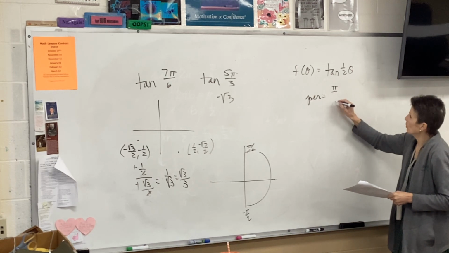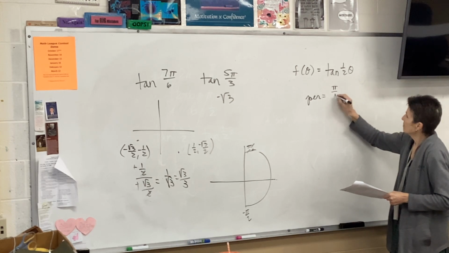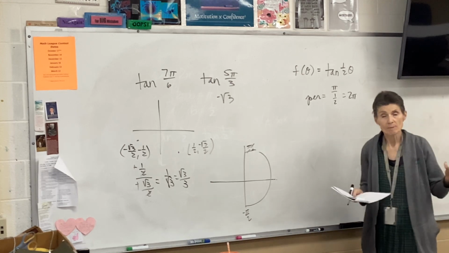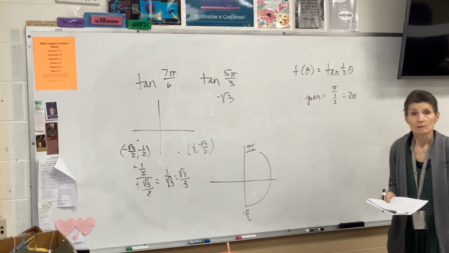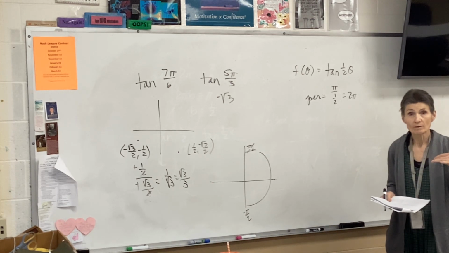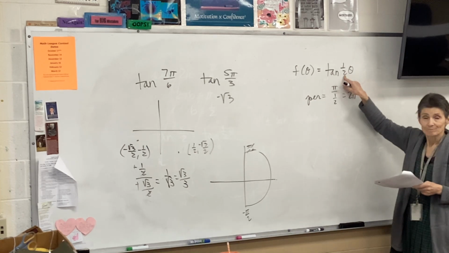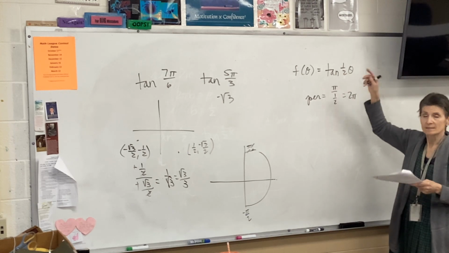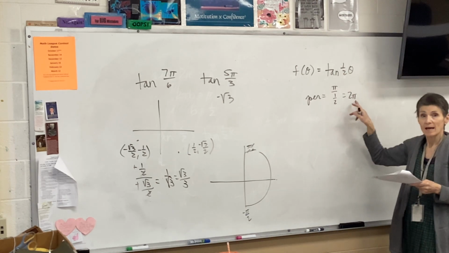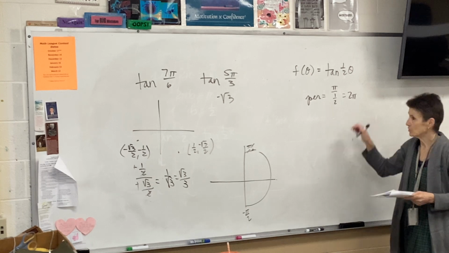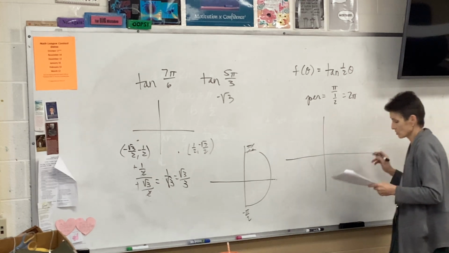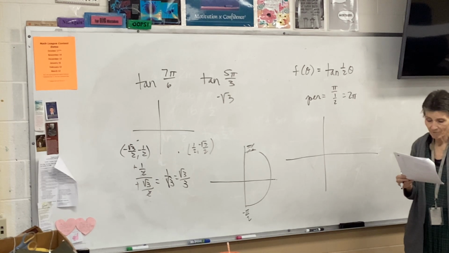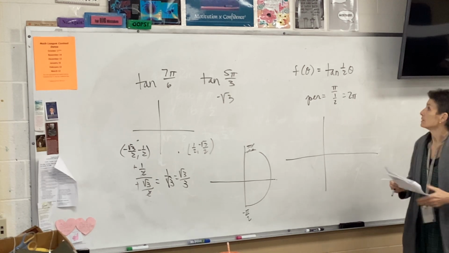This one is going to have a period of 2 pi, so it's actually been stretched. The B number is 1/2, but remember it's really divided by 1/2, which is timesing by 2. So we have a horizontal stretch by a factor of 2. The period's 2 pi.